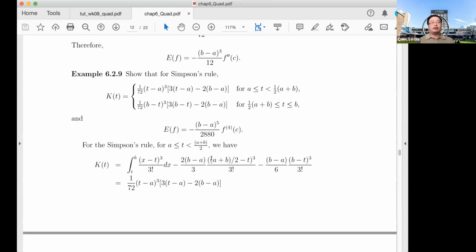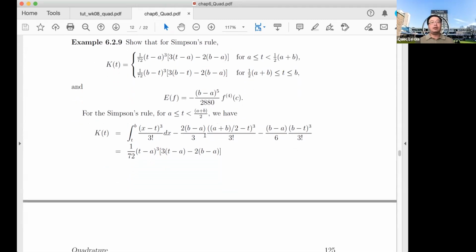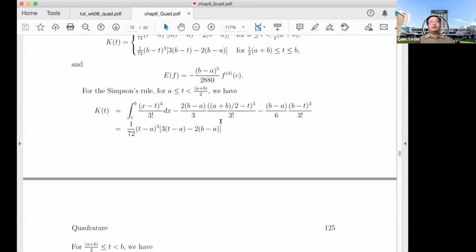So you plug in the quadrature a plus b over 2 here, and then you plug in the quadrature b here. This integral is a bit complicated, but it can be done. I just wrote down the results here, but you can do a few more steps to get this.